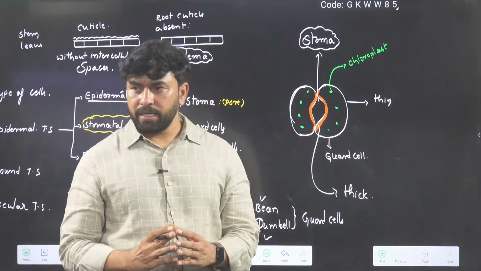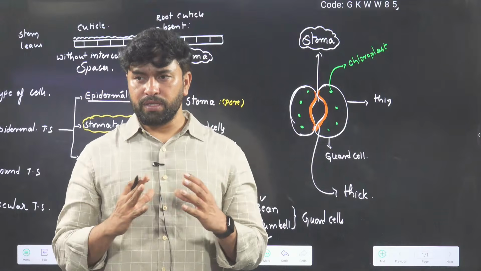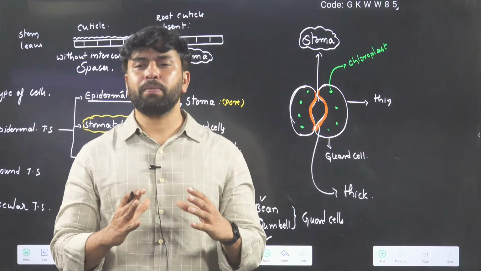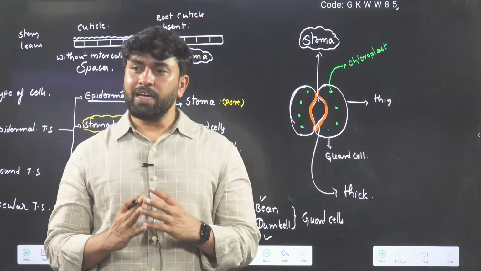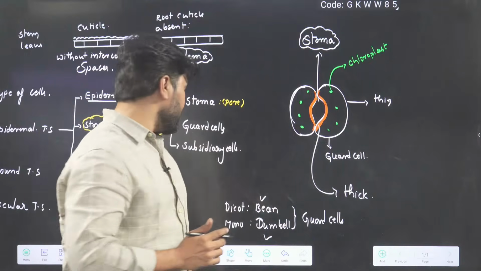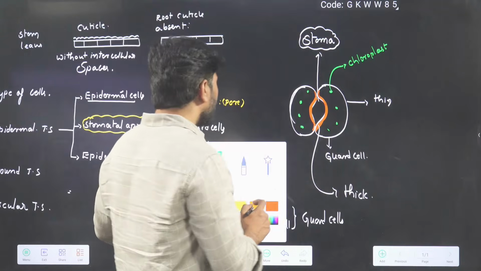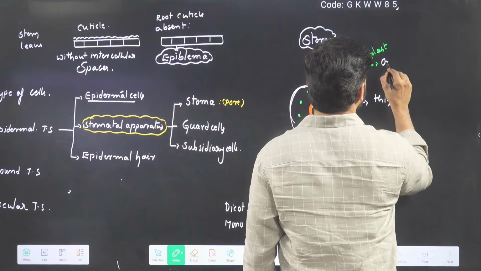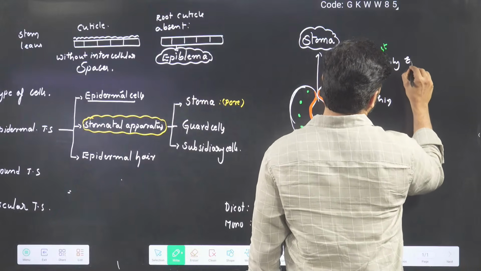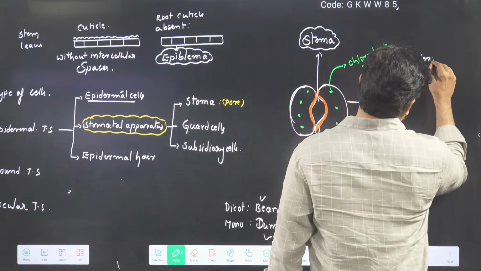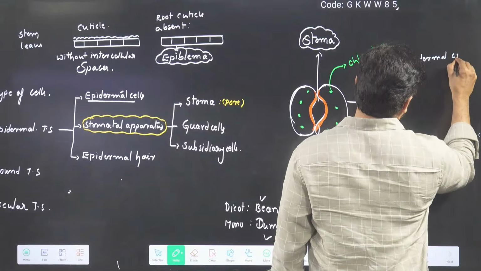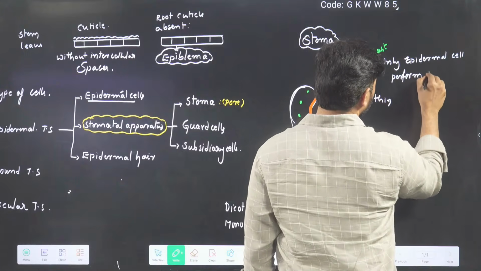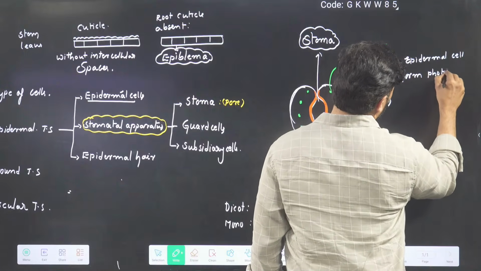Generally, epidermal cells never perform photosynthesis. That is not their purpose. Their purpose is to cover up the plant organs. But guard cells are specialized epidermal cells. They perform photosynthesis, only these epidermal cells perform photosynthesis.